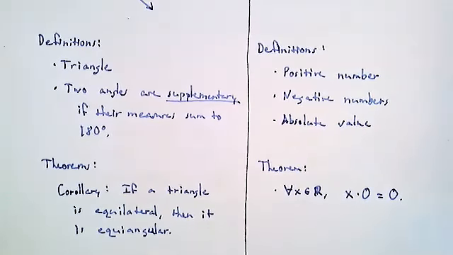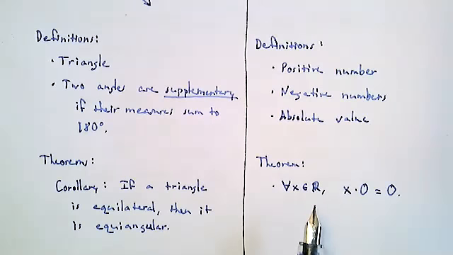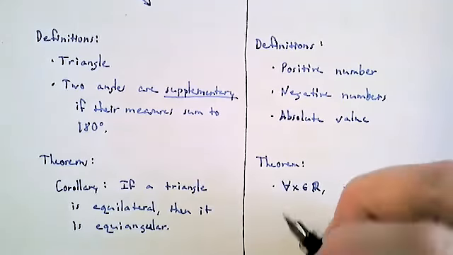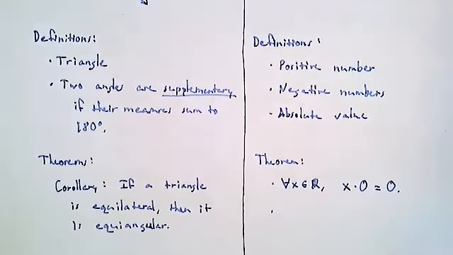So this is a theorem that you could prove. What I wanted to point out with this theorem is that sometimes theorems are written out symbolically, like this one, instead of in words, like the ones that we've talked about so far.